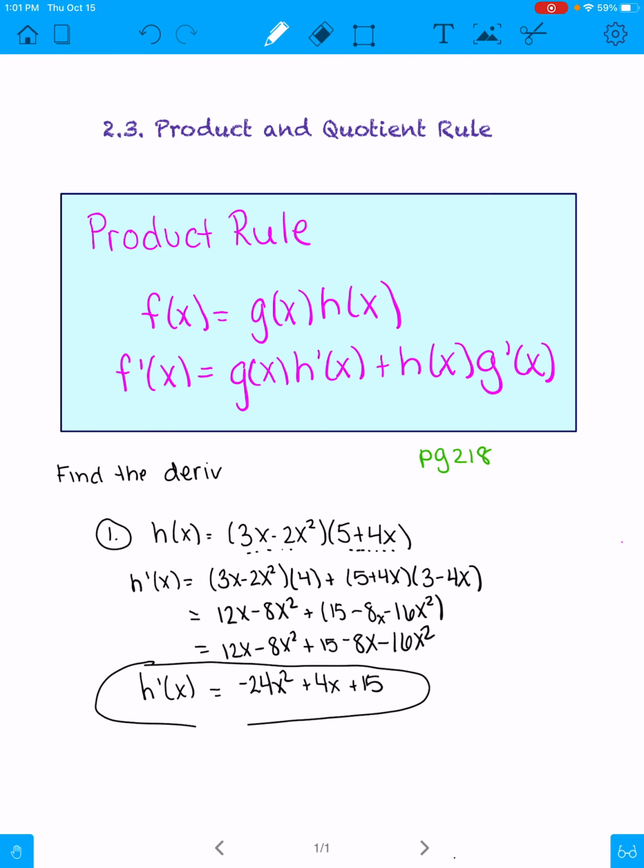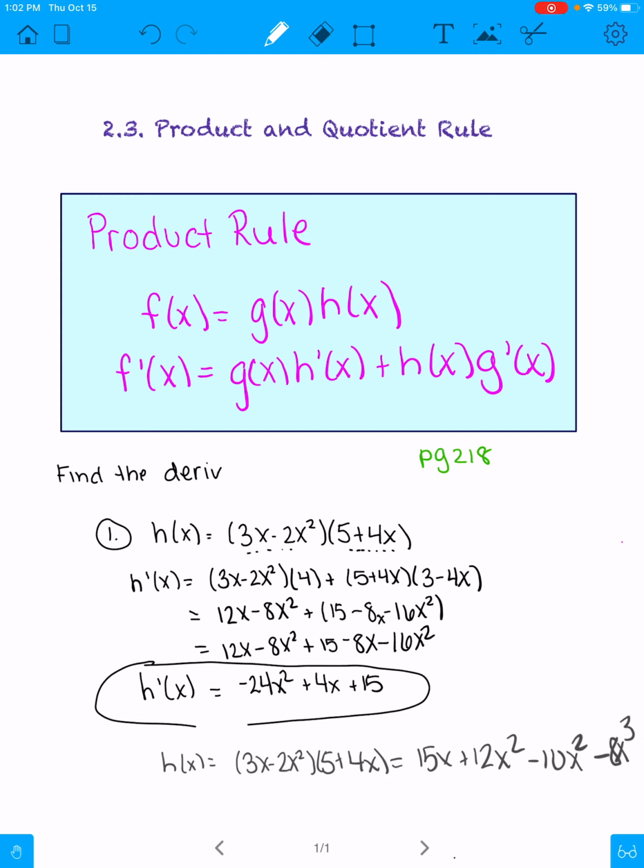Just to double check, let's use what we've done before. h of x equals 3x minus 2x squared times 5 plus 4x. What I had you do before was distribute through, so that'd be 15x, 12x squared, negative 10x squared, and a minus 8x cubed.